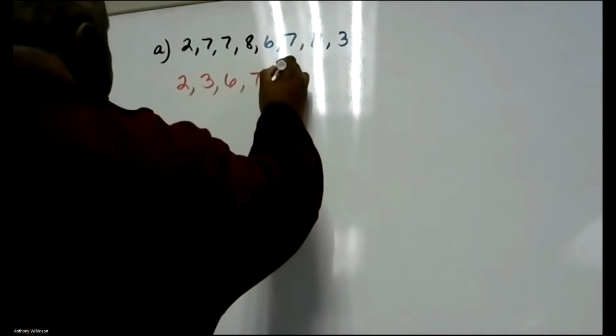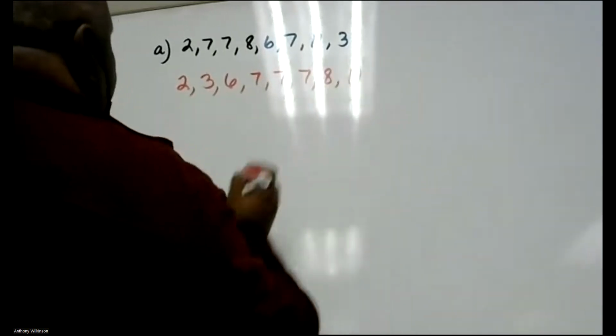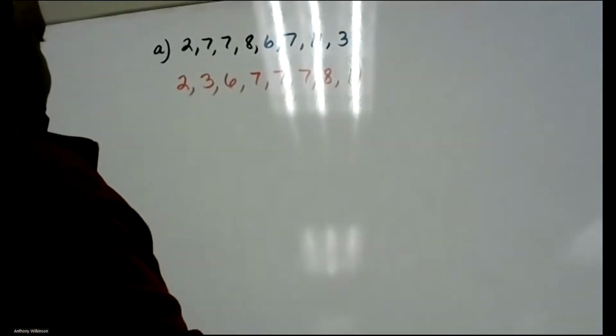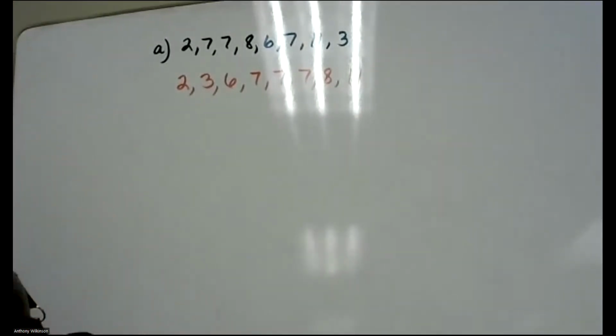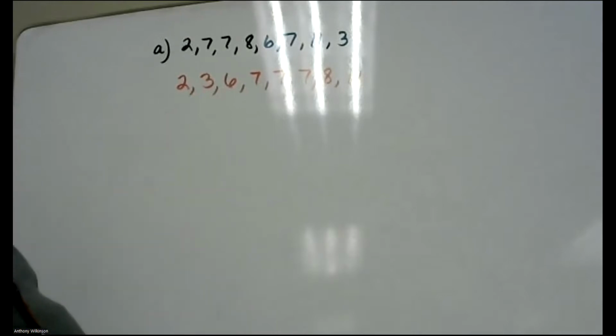And then I got 7 three times, and then 8 and 11. Okay. And I do have all the data values here. So this data set is in numerical order from least to greatest. And now I can go ahead and find the mean, the median, and the mode of this data set.